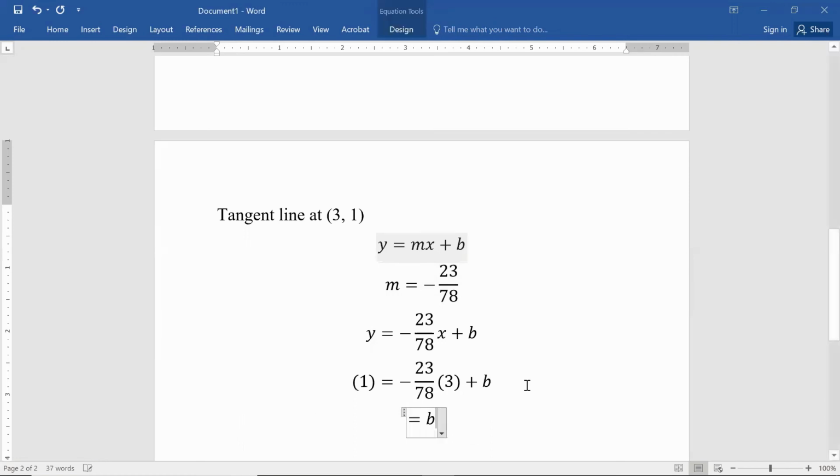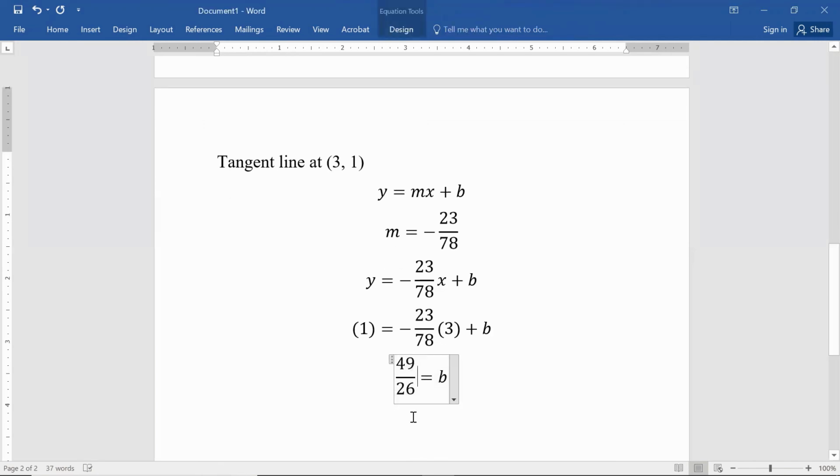Let me do this on my calculator here. When that's all said and done, I ended up with a b value of 49 over 26. Now check your answers because I'm doing this as quickly as I can. So be careful when you do that.